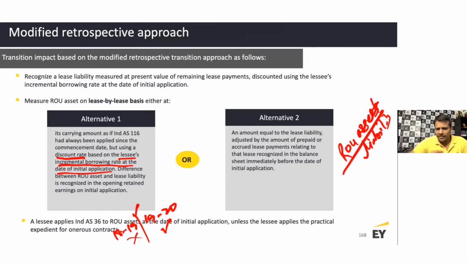So that's alternative two, and a lot of companies have applied this, but some companies have applied alternative one as well. The biggest benefit of alternative one, as you can imagine, is that the accounting for operating leases under the Ind AS 116 model is front loaded.